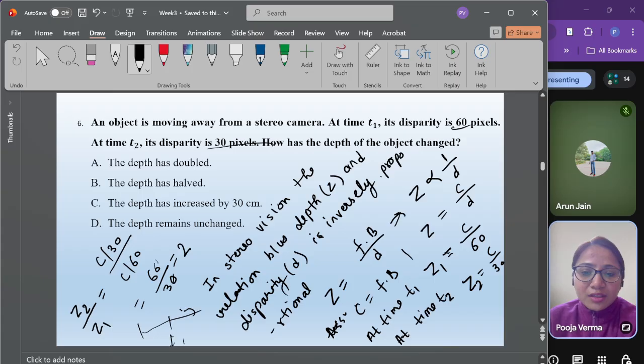Here it is t1, here it is t2. Let's assume that. So the depth has doubled. Okay, so option A is the correct answer here.